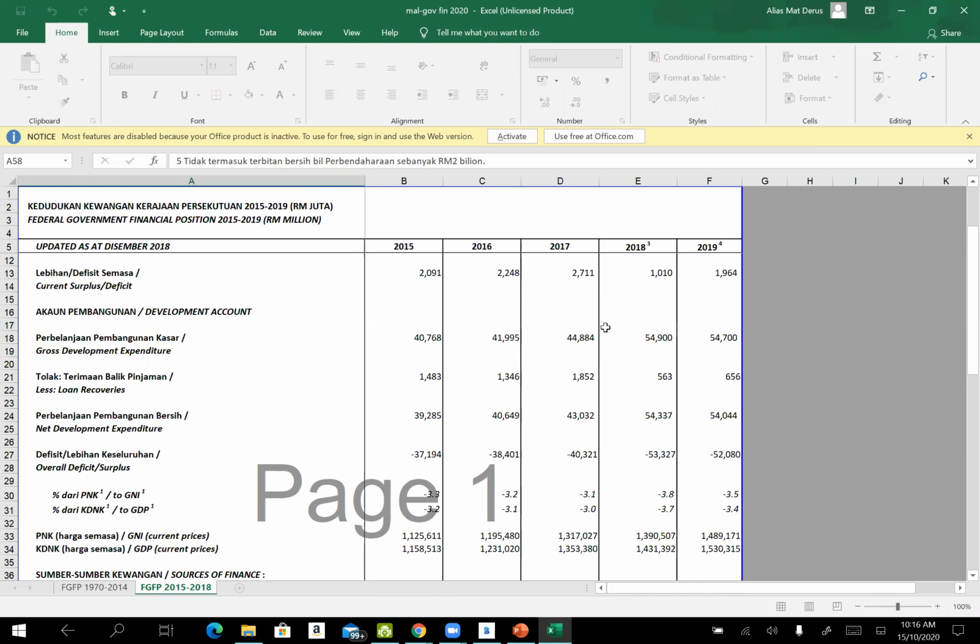So that is the deficit, and then we already look at the operating and the development expenditure. So what you do, you sum up the two things, and you will get the total expenditure. Correct?